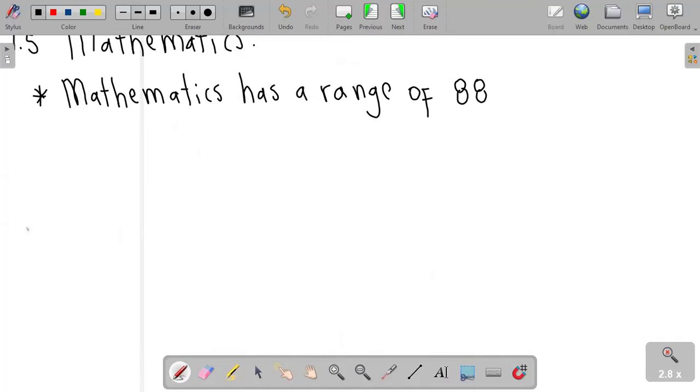Mathematics has a range of 88 and an IQR, the interquartile range, of 40.